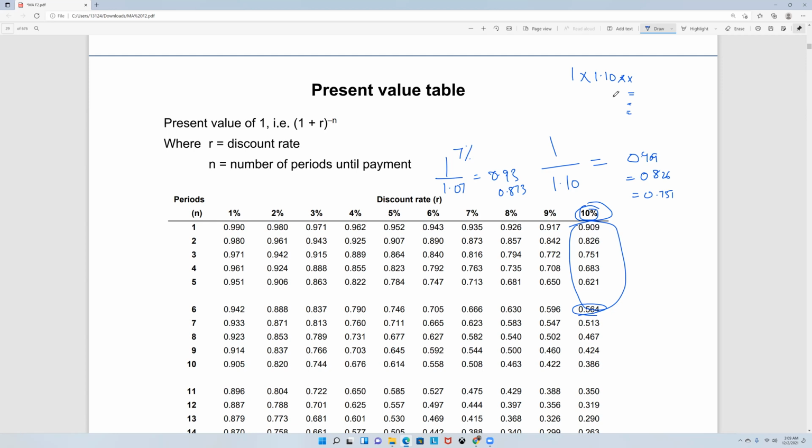नाउ फॉर योर अंडरस्टैंडिंग, अंडरस्टैंड दिस, इन दिस पर्टिकुलर चैप्टर या फाइनेंशियल मैनेजमेंट में मैक्सिमम टाइम्स you will be given estimates of the upcoming years. तो जब आपको estimates दिए जाते अपकमिंग ईयर के, आपको मालूम करना रहता present value.